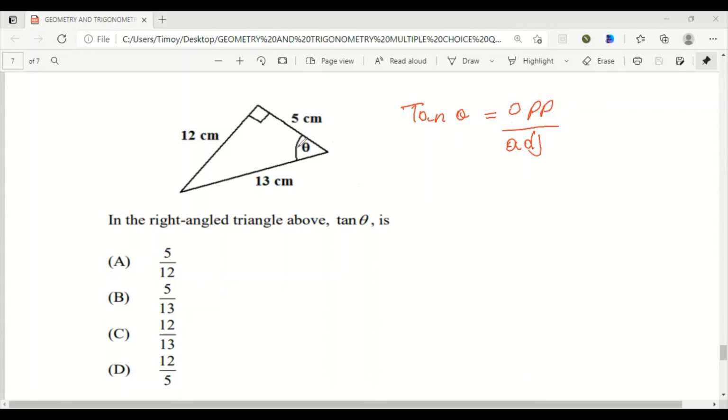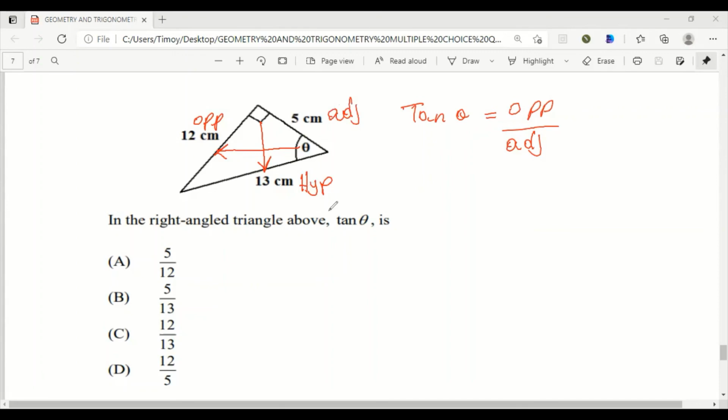So if you label it according to theta here, you draw a straight line like that, go across. That takes it to 12. So 12 is the opposite. Now clearly you can see that 13 is opposite to the 90 degree angle, so 13 is the hypotenuse. Therefore, where 5 is has to be the adjacent.